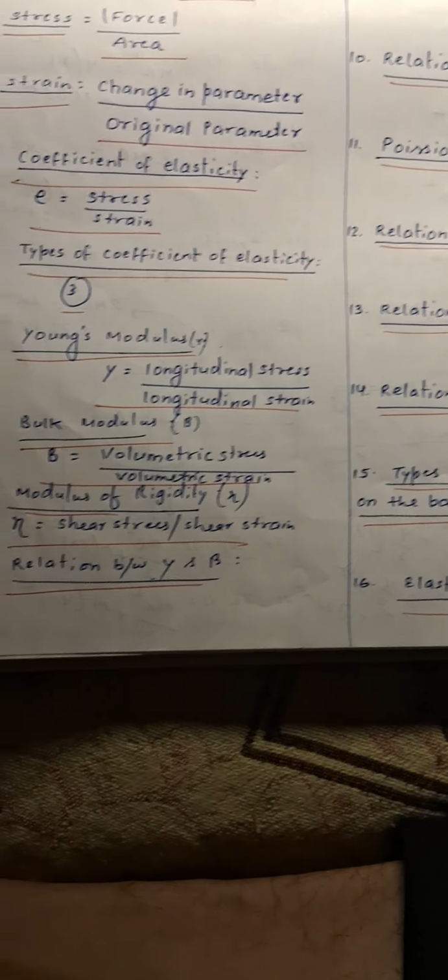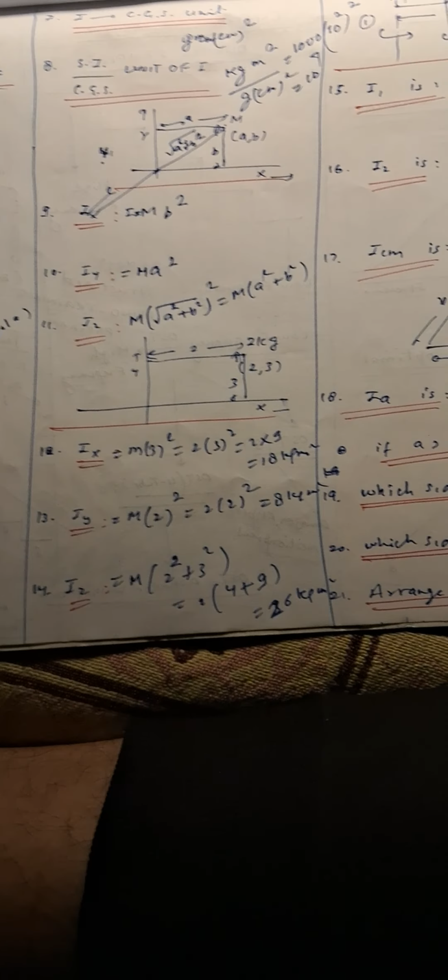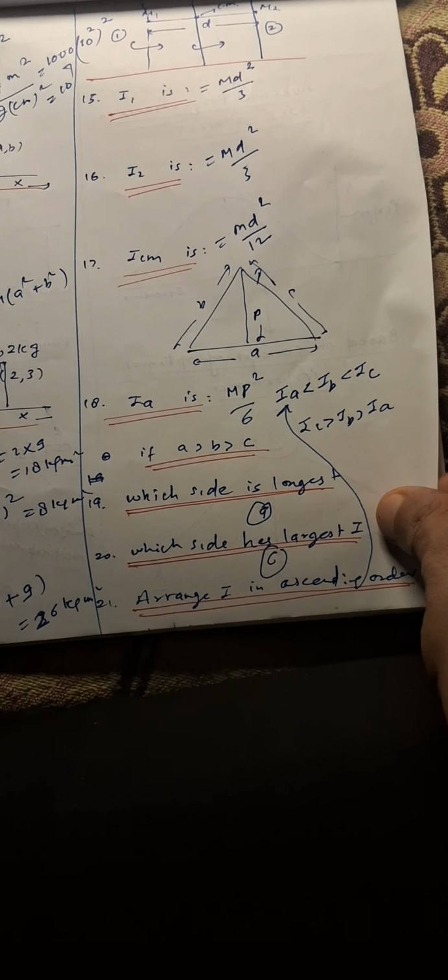Then we have another worksheet on physics formula list related to elasticity. Then we have another worksheet on moment of inertia in general, graphical analysis, calculations of simple moment of inertia cases.